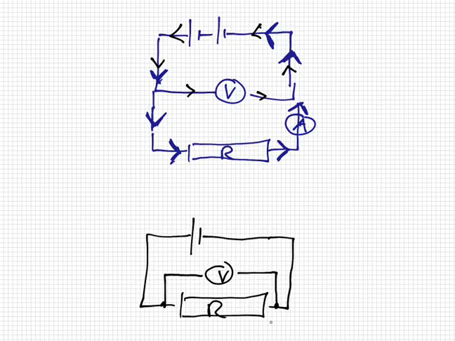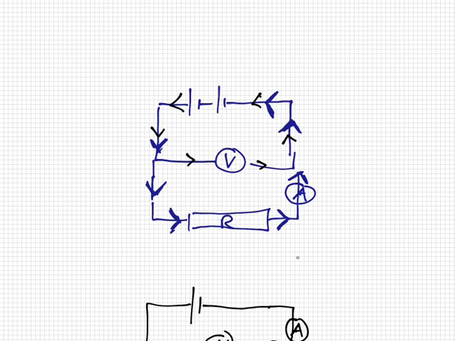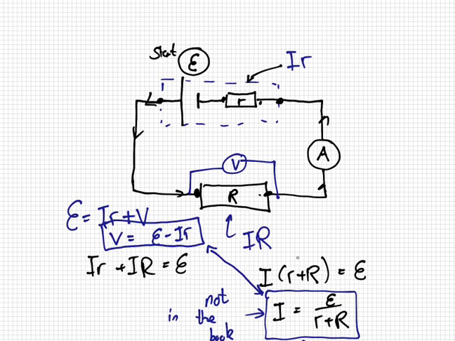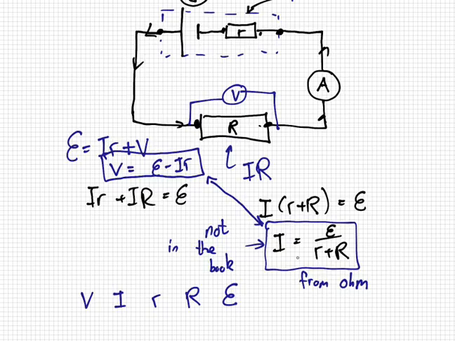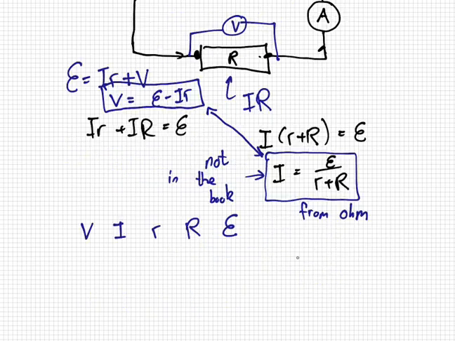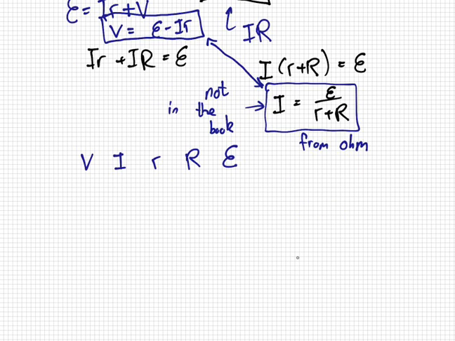It's the same, isn't it? And then you have your ammeter here, isn't it? That is the exact same situation as what I just drew here. So those formulas I have, you can use those formulas when the switch is closed.